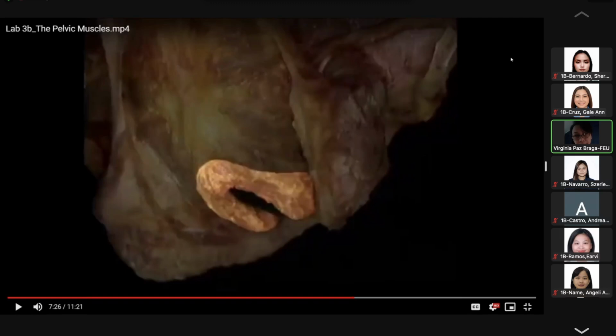May I ask Dr. Angeli Name to please read on the pubococcygeus to the class? Page 43 of your manual, exercise 4, and describe the pubococcygeus muscle. You can take a screenshot if you like of this frame.